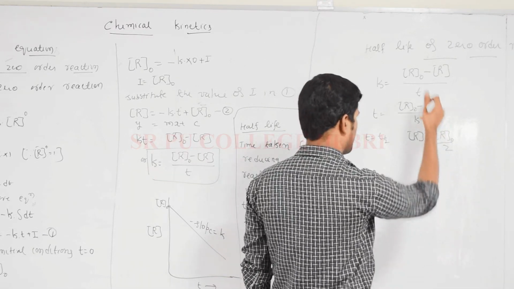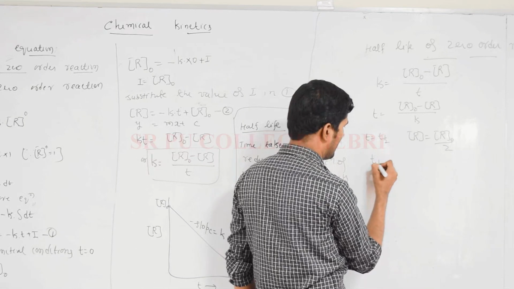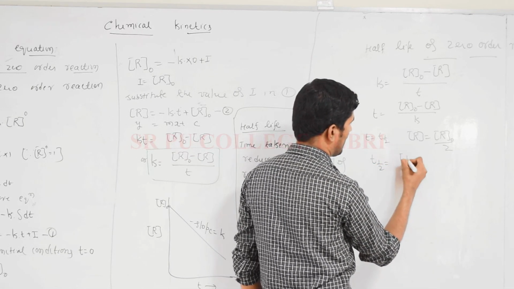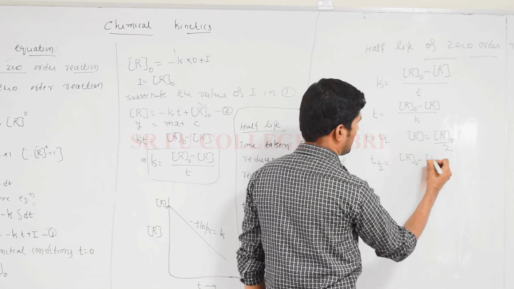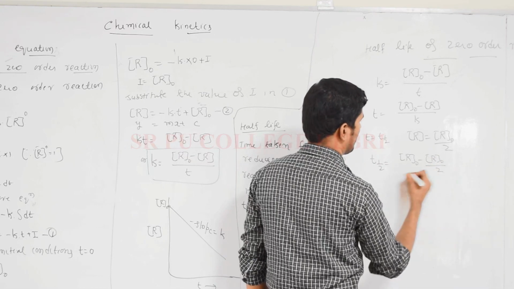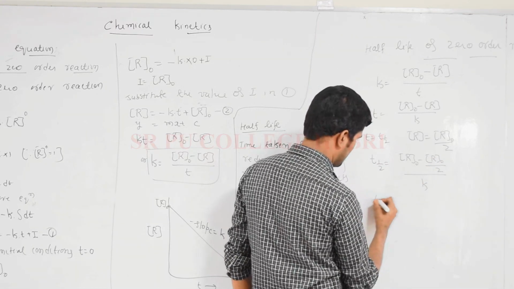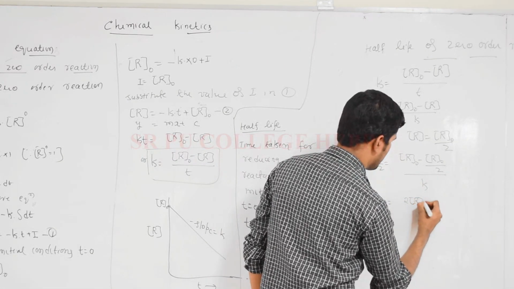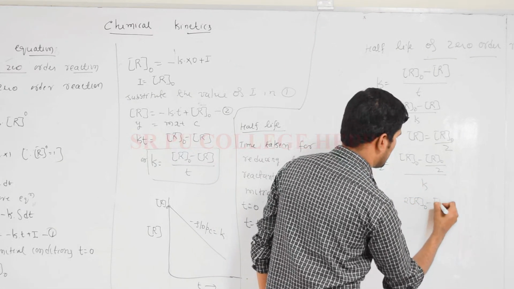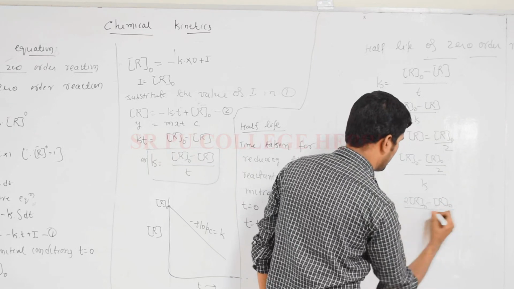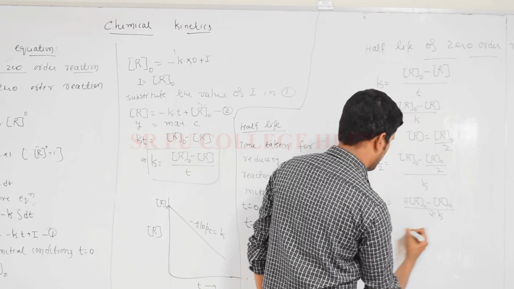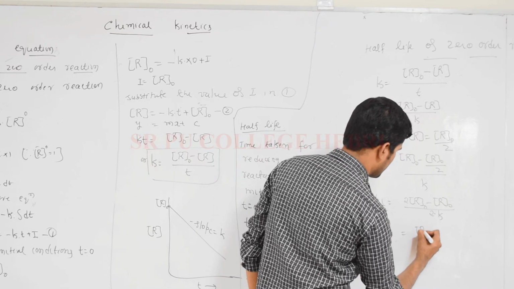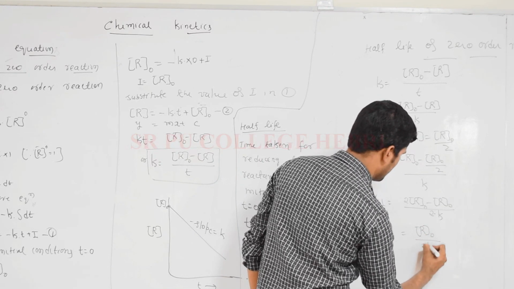Substituting this in the equation, T half is equal to R naught minus R naught by 2, divided by K. Taking the LCM, that is 2R naught minus R naught, divided by 2 into K. So that is R naught divided by 2K.